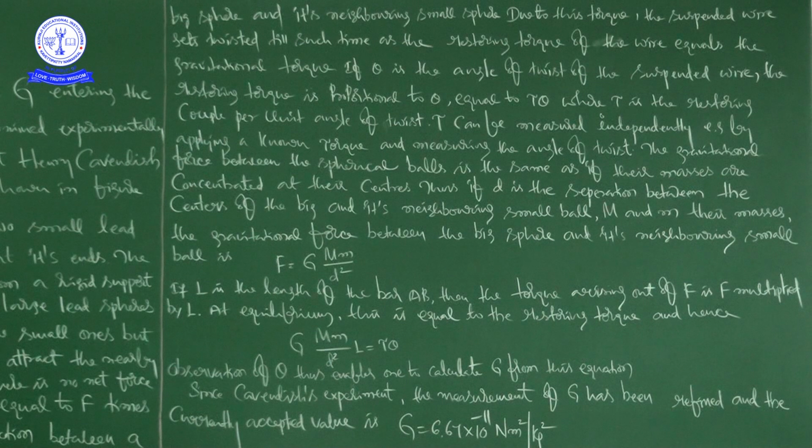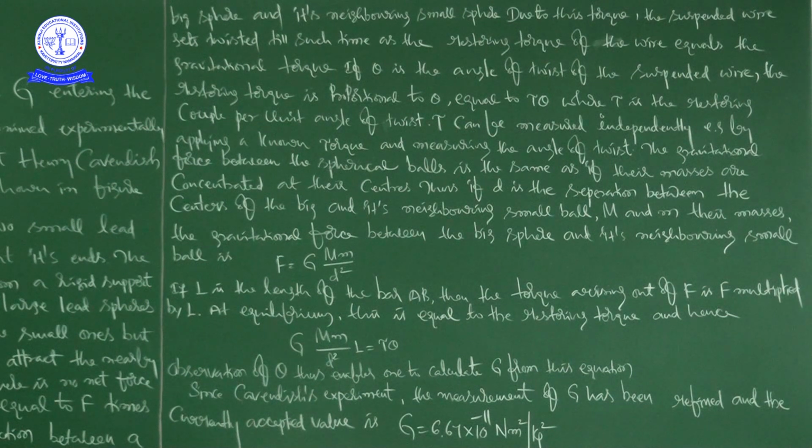Full stop. Now see here, if theta is the angle of twist of the suspended wire, the restoring torque is proportional to theta, equal to tau into theta, where tau is the restoring couple per unit angle of twist.